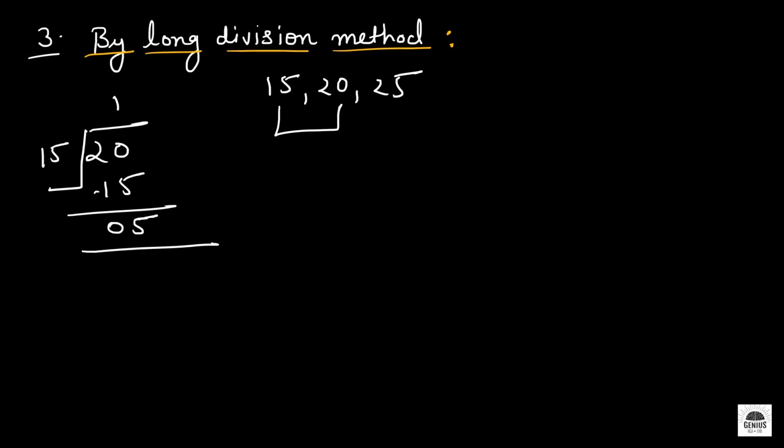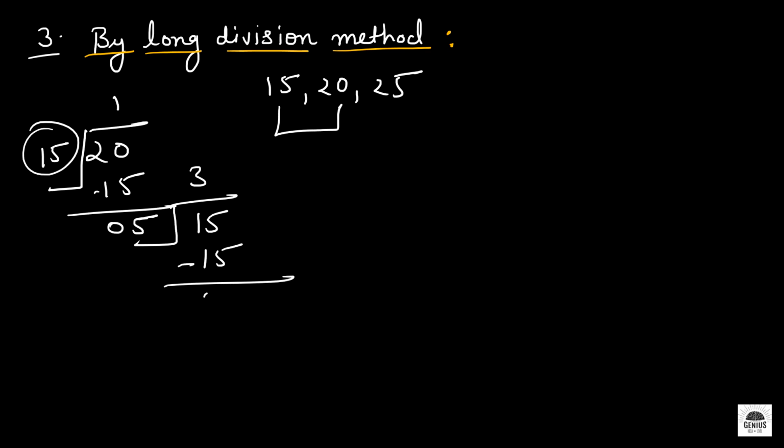Now this remainder will become the divisor and the divisor will become the dividend. So we will divide 15 by 5. 5 threes are 15, so the remainder is 0. The last divisor, which is 5, is the HCF of 15 and 20.